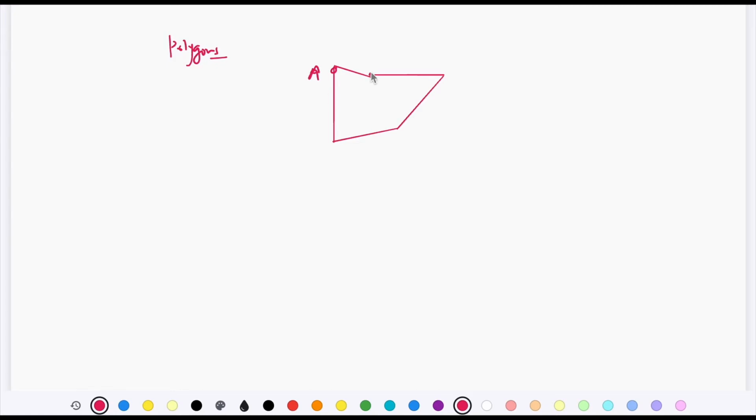Now whenever this kind of closed structure is formed, this is called a polygon. If you count the number of sides, this is 1, 2, 3, 4 and 5. So to be specific, this is a pentagon.